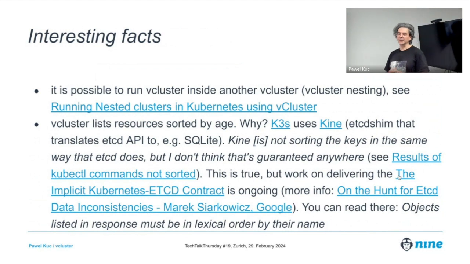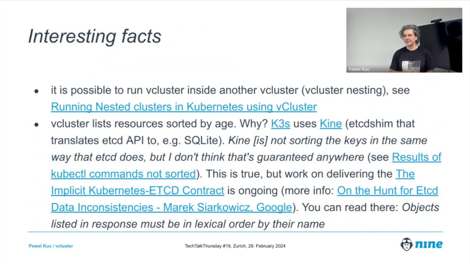They started with official documentation, a draft, because there are a lot of unwritten rules about how etcd should work, but no one wrote them down. And they started with this etcd contract documentation, which is still a draft.